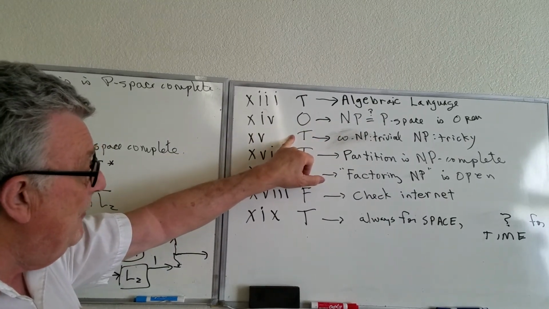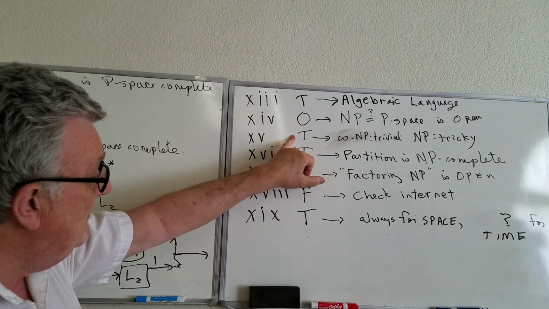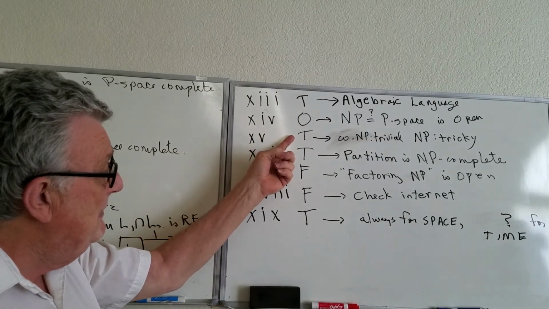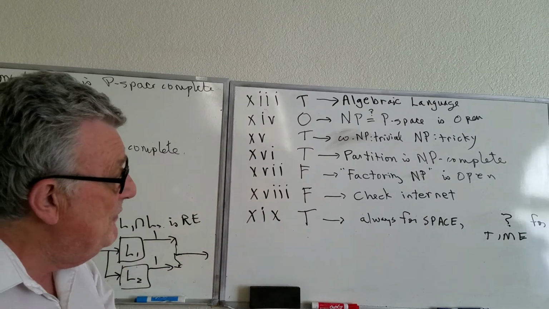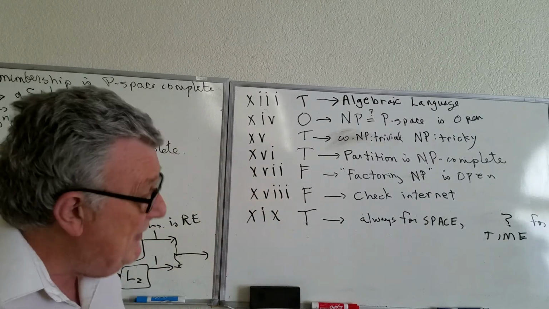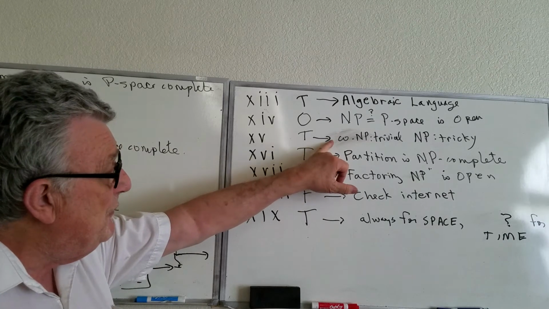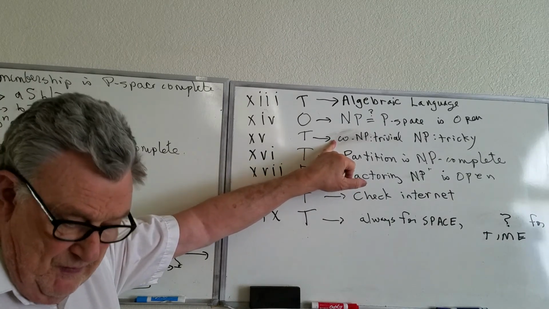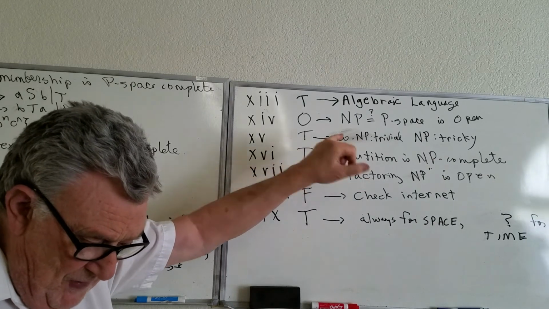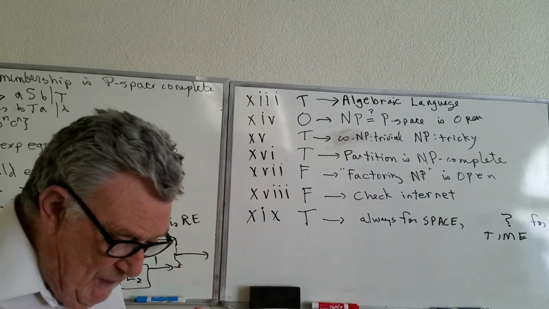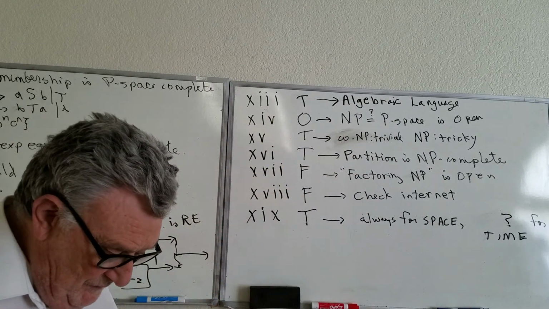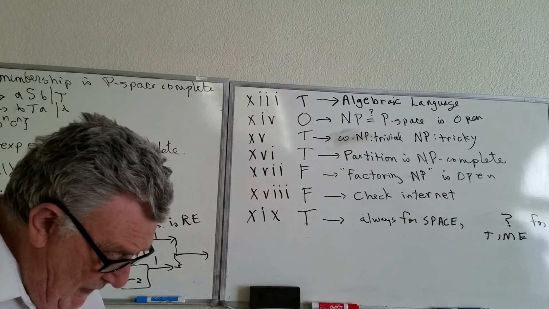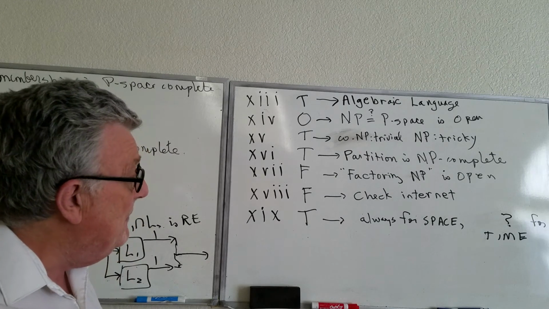All right, now let's look at this question. Is the factoring problem in both co-NP and NP? Well, it's pretty trivial to prove it's in co-NP, because if the string is not factorable, or if there are two factors, then you can exhibit both of them.